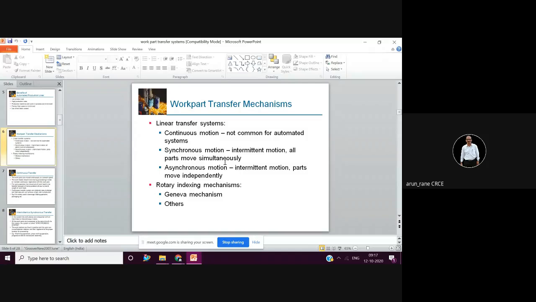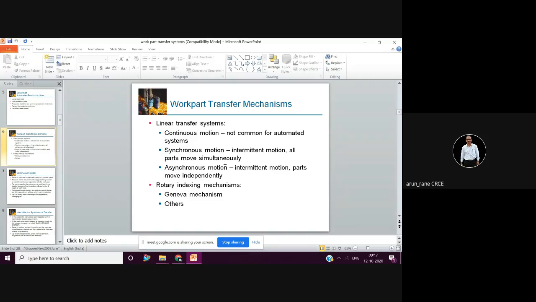Suppose the work is continuously flowing and he is working at one particular workstation, so he has to move because the conveyor is moving. Whereas in synchronous motion, it is standstill. The conveyor is not moving. Once the work is completed at all the workstations, then the components will be moved.